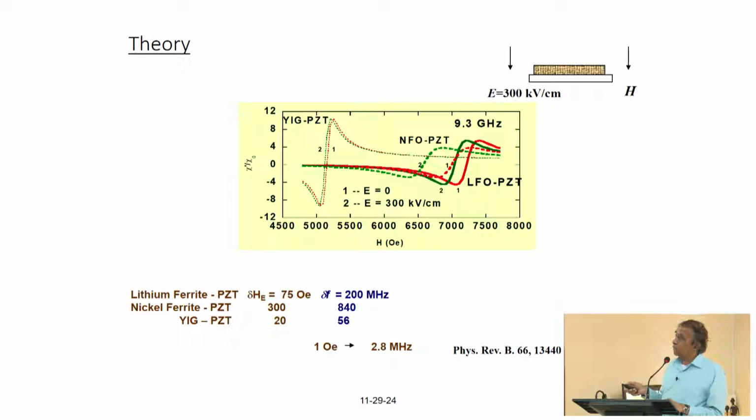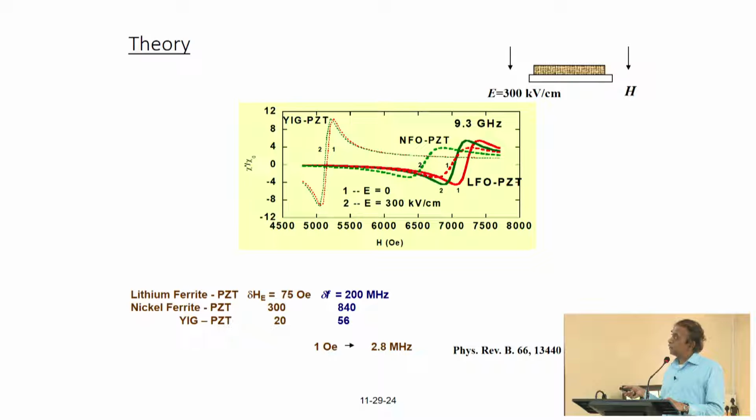So, this one I showed in one of the earlier talks. It shows the FMR profiles, which is actually the derivative of the power absorbed by the samples under two conditions: no electric field, that is E equal to 0, and an electric field of 300 kilovolts per centimeter.